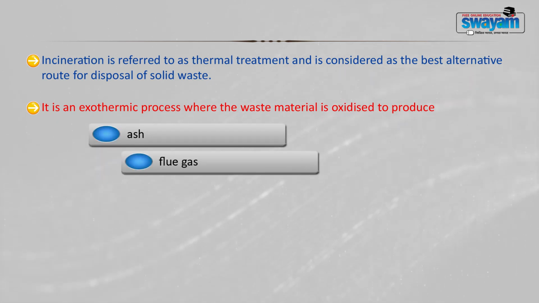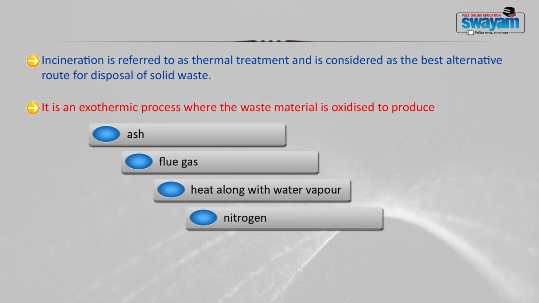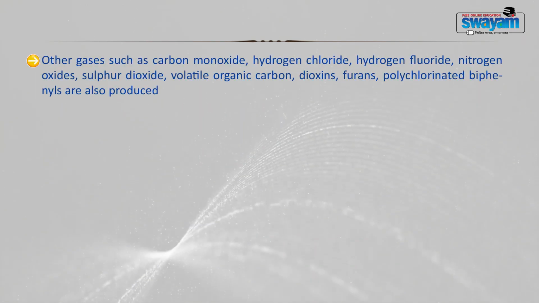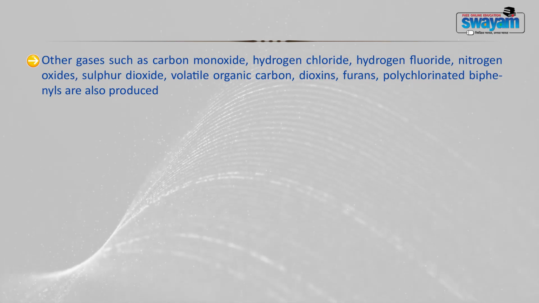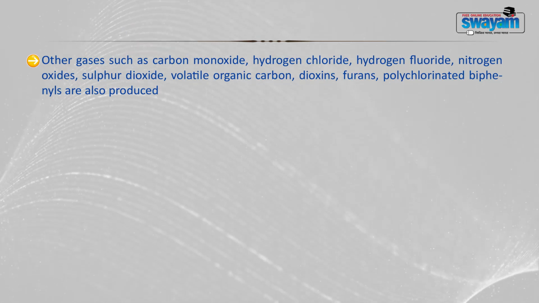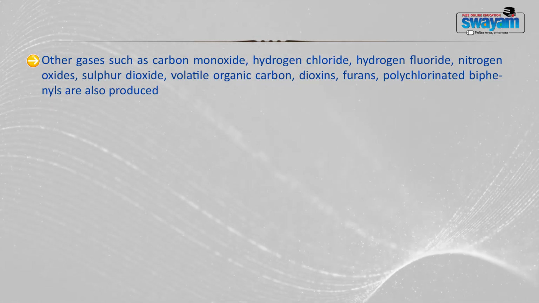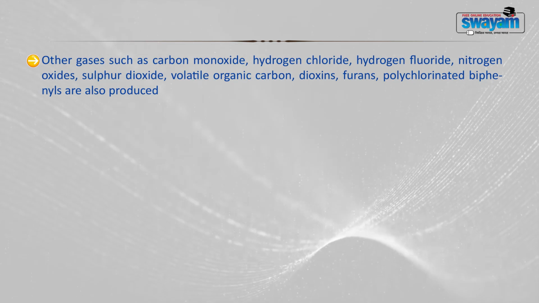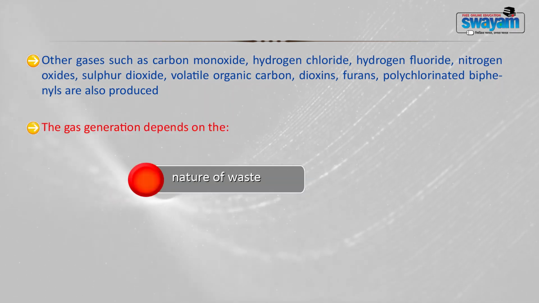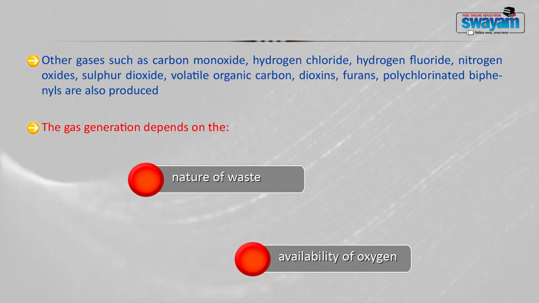Second is the flue gas, which contains a mixture of water vapor, nitrogen, carbon dioxide, oxygen and so on. In addition to this, certain other compounds are produced, like hydrogen chloride, HCl, hydrogen fluoride, volatile organic carbon, dioxins, furans, PCBs and so on. Again, this depends upon the nature of the waste that you are combusting within the incinerator.